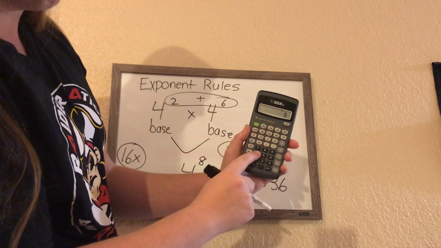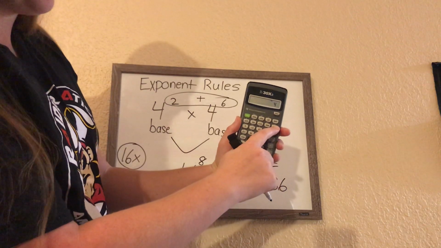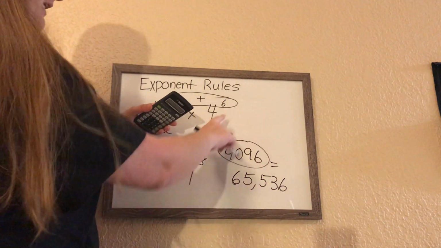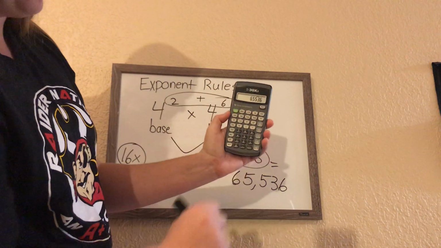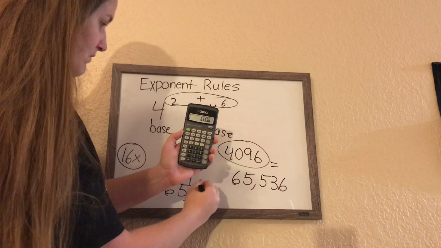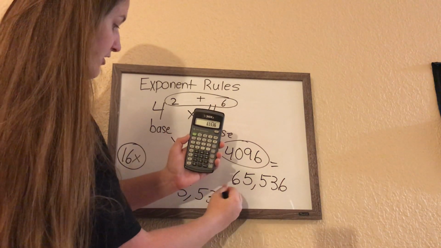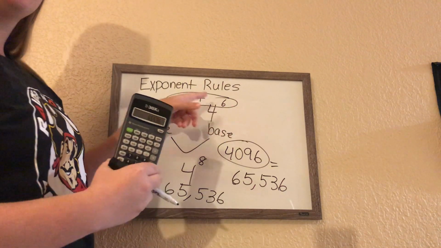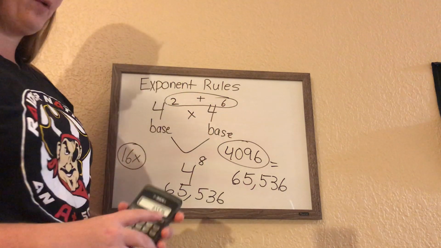So remember, 4 is my y to the x power, 8, because 8 is the power I got from adding 2 plus 6. And look, it's that same 65,536.